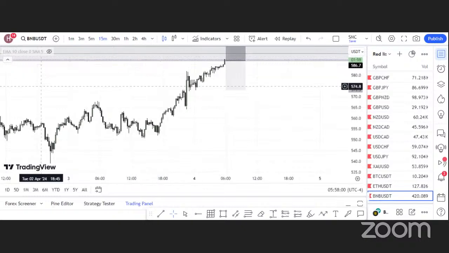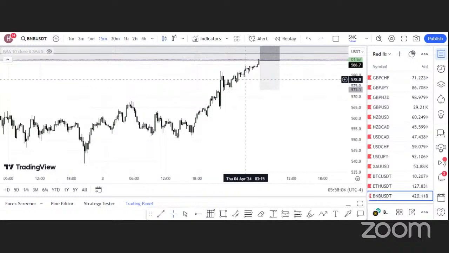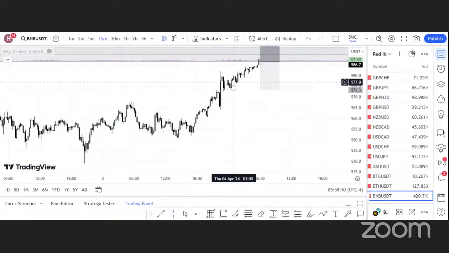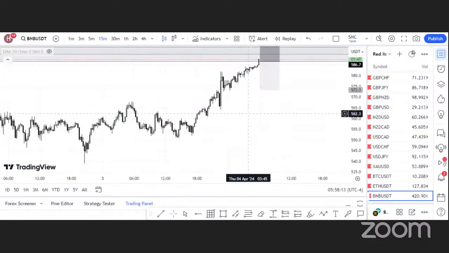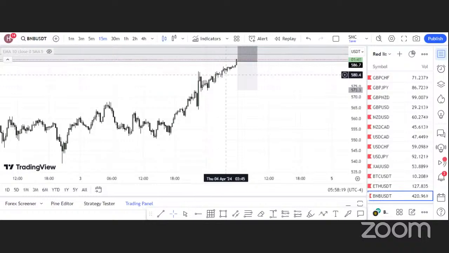So aside from the other block, which is the resistance, we also have the bullish exhaustion. Okay, so you see, starting from here, the market is barely printing bullish candles. Okay, so we have the bearish candle in between the bullish candles.